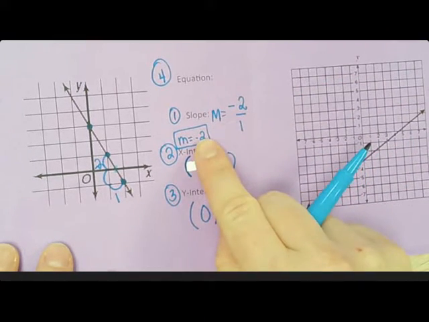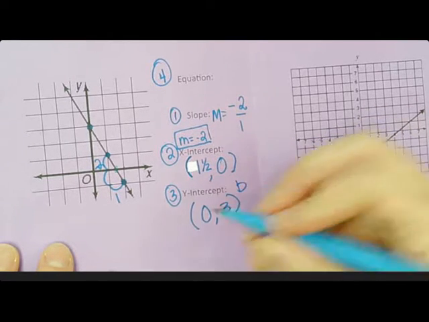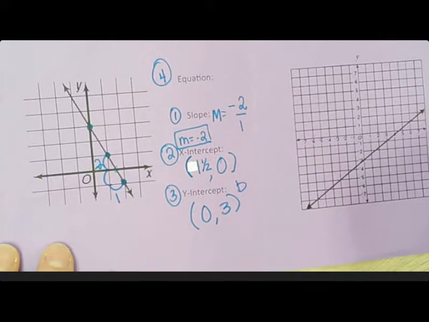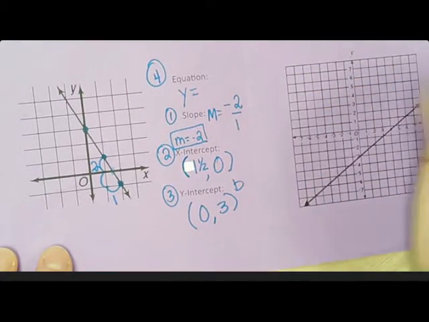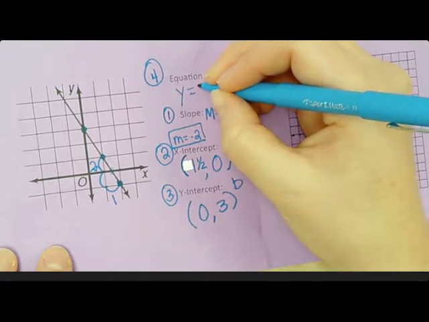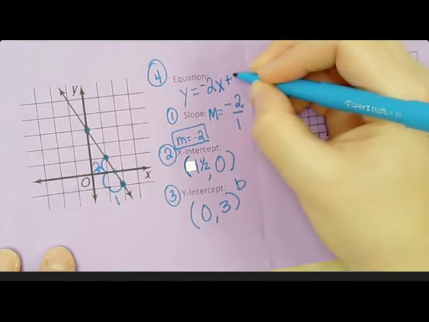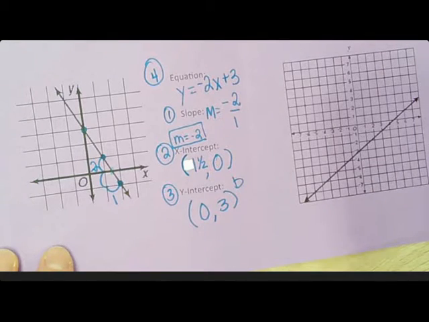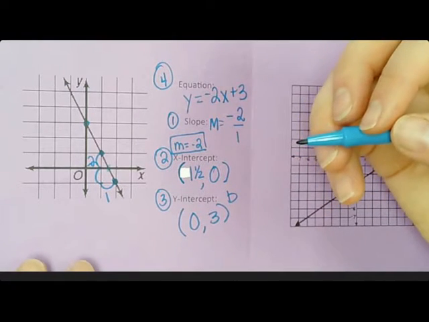We have the m, and the y-intercept is the b. So we have both parts, so now we can just write the equation. y equals m, negative 2 x plus b, so plus 3. And check it in the calculator.